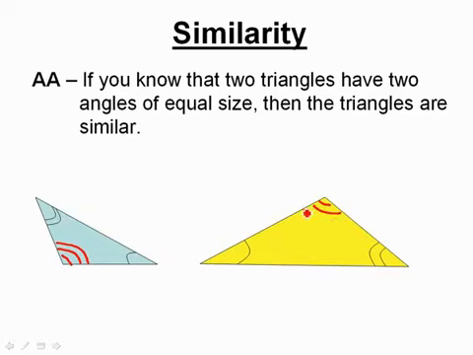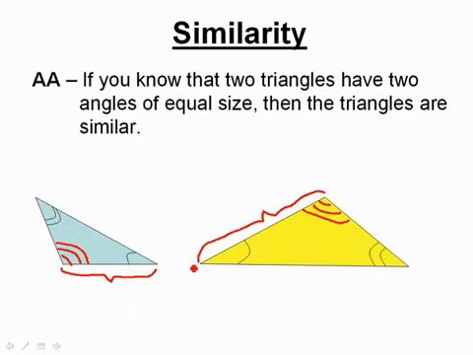Therefore, if they've got the same angles, then the only thing that could have changed is the length of the sides. And as you can see, this side here is certainly smaller than the equivalent side here, but the ratio between them will be the same for all the other sides.